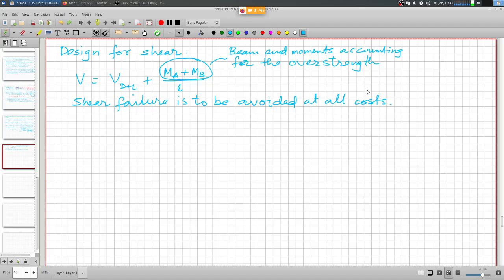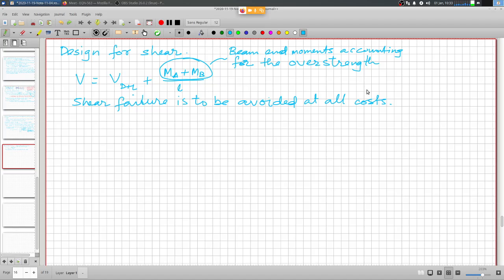No matter what it takes, we just do not allow the beam to fail in shear before it develops a flexural plastic hinge, because the shear failure is going to be brittle and all of a sudden, and it is going to lead to a catastrophic failure. So shear failure is to be avoided at all cost, and that can only be done.